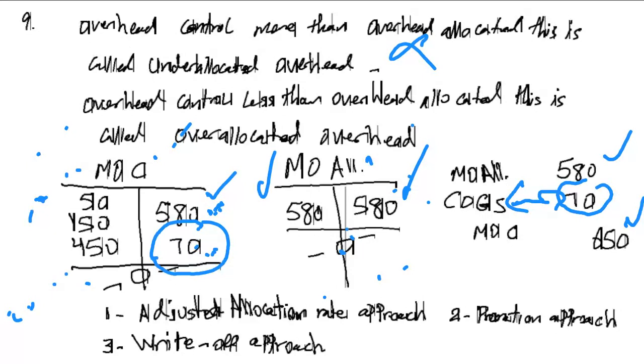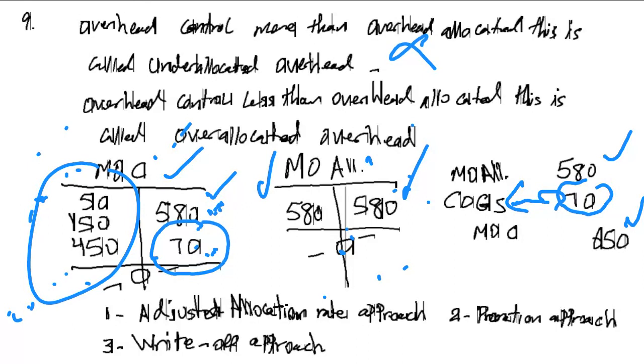So simply for now, I use the write-off approach, and that's something maybe you need to remember for the exam, maybe for the first exam. Okay, so simply I use the write-off approach. How did I get $70? Well, you can see the difference between 580 on this side and 650 on this side is $70. I credited this one and I debited cost of goods sold.